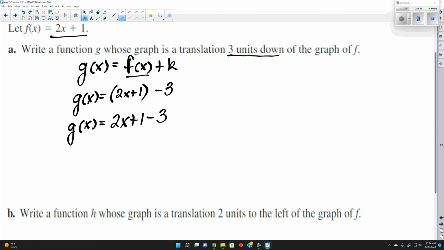Are there any like terms? The 1 minus 3? So we can combine those? No. This is just replace. g of x is just another way to write y. It's defining the function.